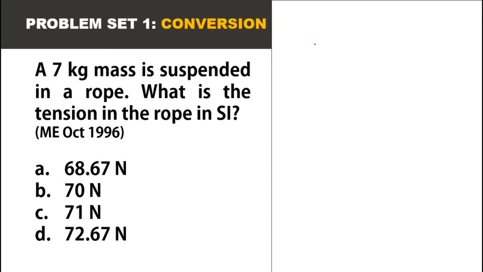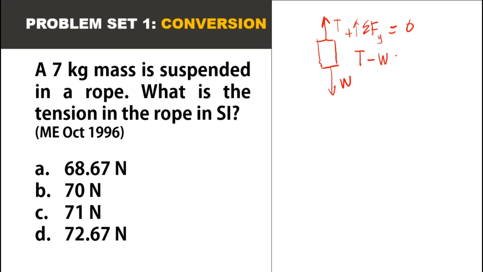So let's say this is the object. The tension supports the weight of the object. So this is the weight. You can say that the summation of the forces along Y for equilibrium is equal to 0. So we have tension that is positive, upward, and the weight, since it is downward, is negative.